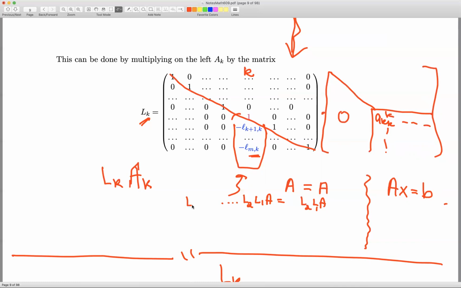At the very end, we have the multiplication with the matrix L(m-1). So once we have that, as a result, the matrix that we end up with is the upper triangular matrix U, and so we have that L(m-1) and so on, L2, L1A is equal to this upper triangular matrix U.